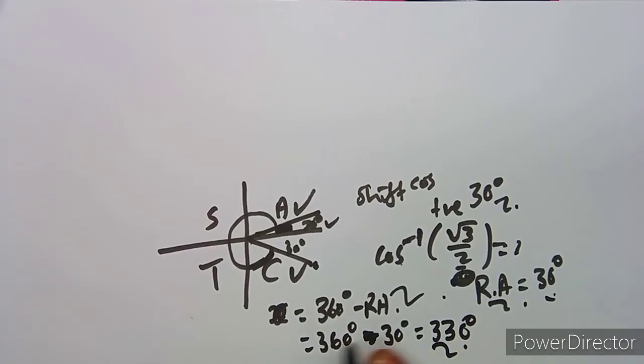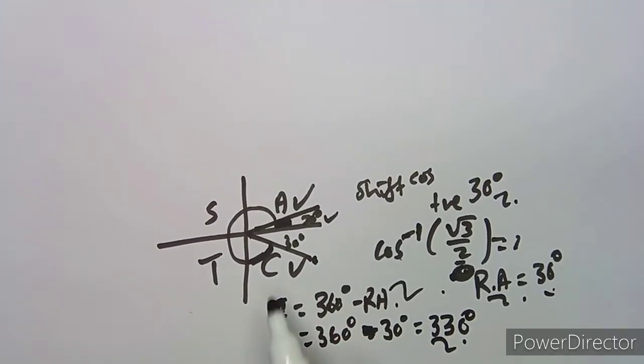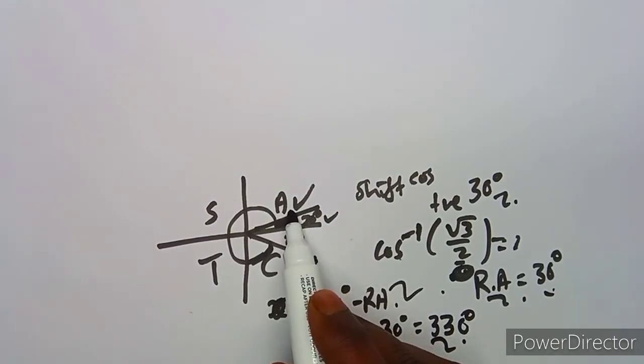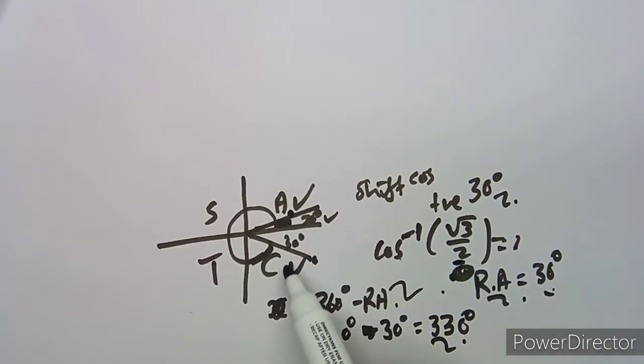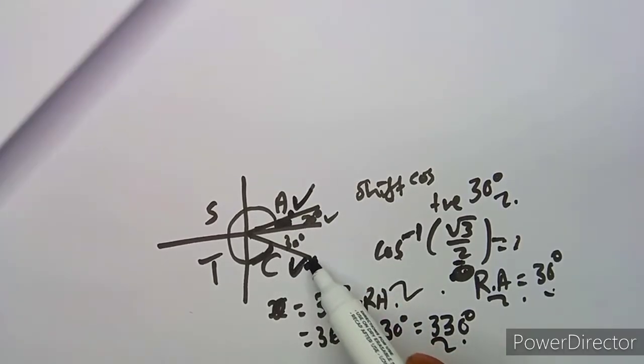So we've got two solutions when this is positive, in the first and in the fourth quadrant.